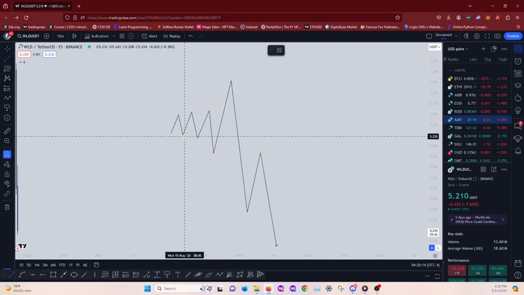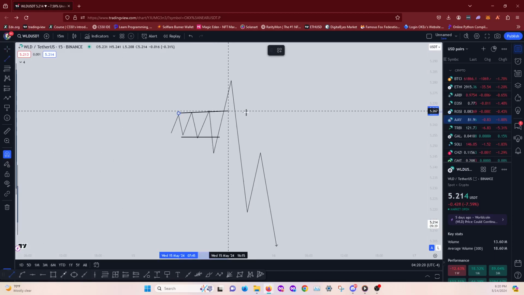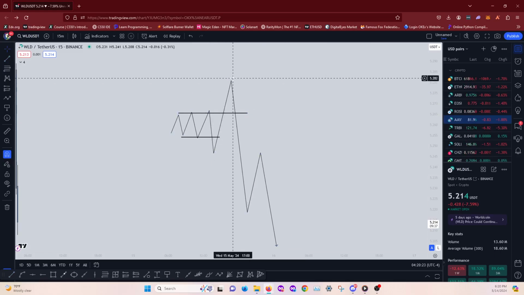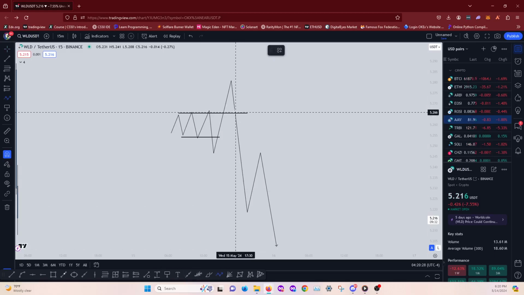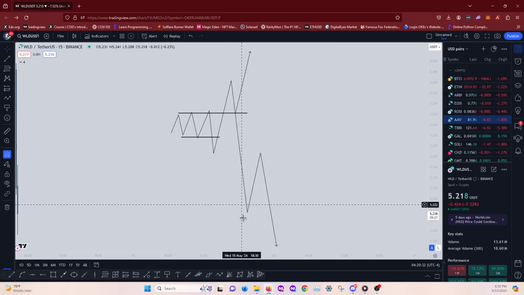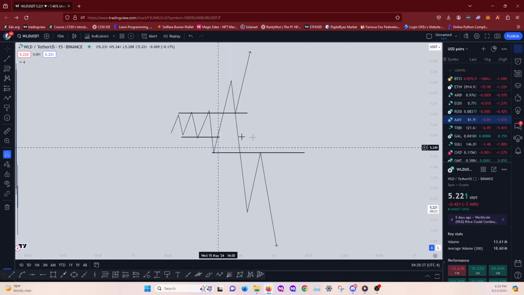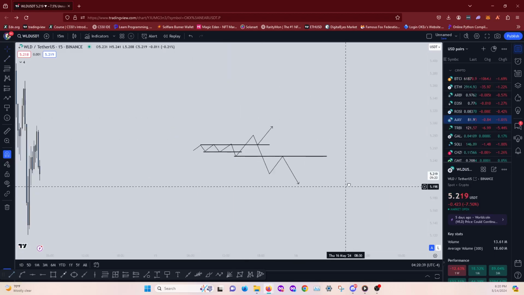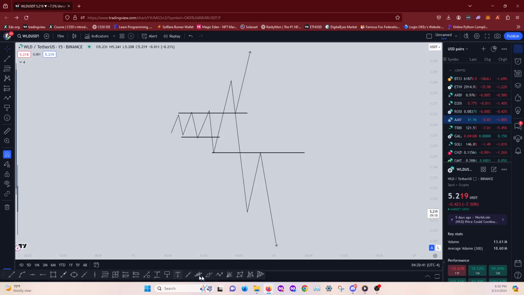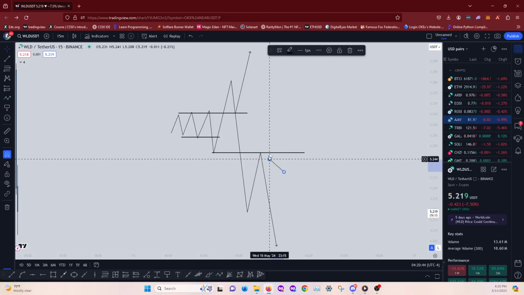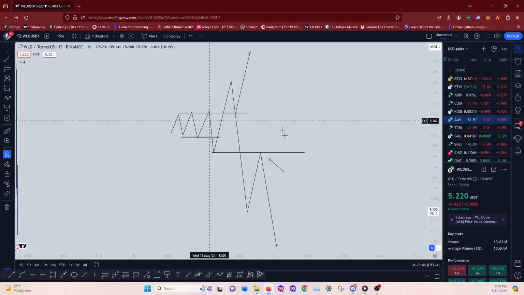So sell side was swept here, bullish order block forms, sweeps, people expect continuation, so you've got order flow traders that try to get in at a retest of the order block, but instead we get a displacement move that breaks the order block, and that's where we enter in. That's our entry point.